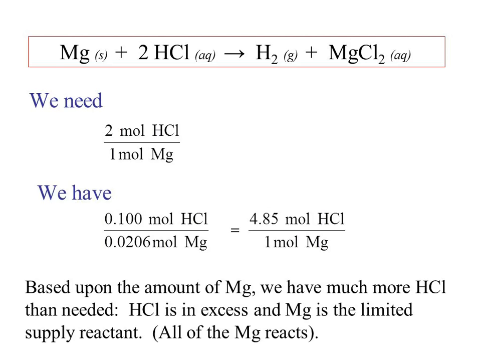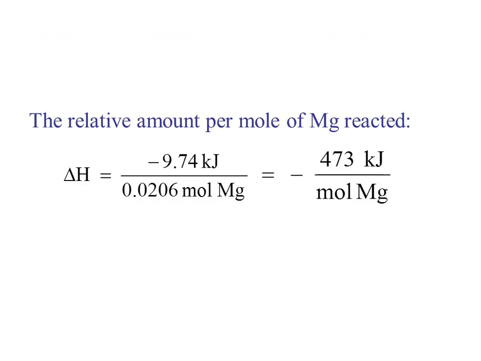We only need 2 moles of HCl for every 1 mole of magnesium. So your intuition was right, probably. You intuitively thought it was the magnesium. But unless you show it, you really can't finish the problem, unless they said it was the limiting reactant. So yes, HCl is in excess, magnesium is in limited supply.